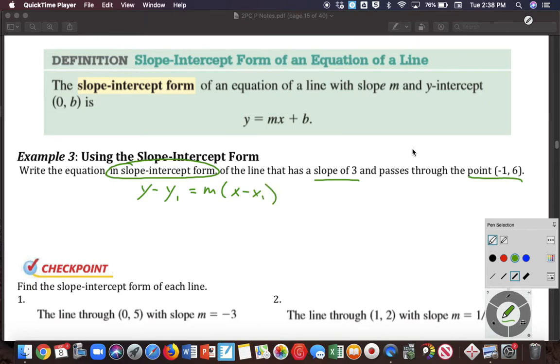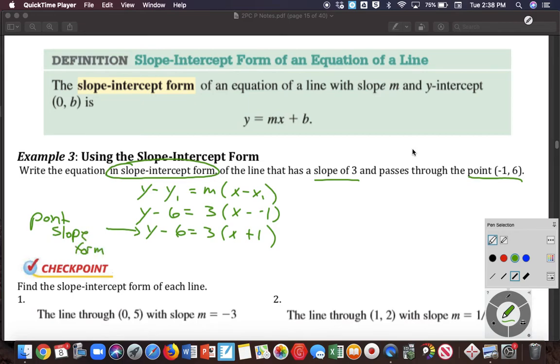I'll plug in the stuff that they've given me. y minus my 6 equals my slope, which is 3, times x minus my x value, and then I will simplify like that. Now this is point slope form.